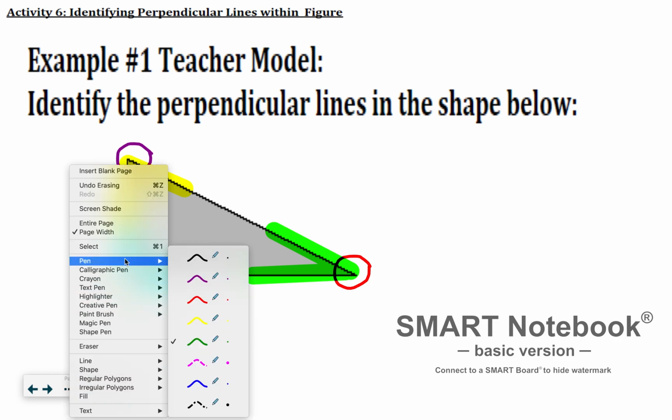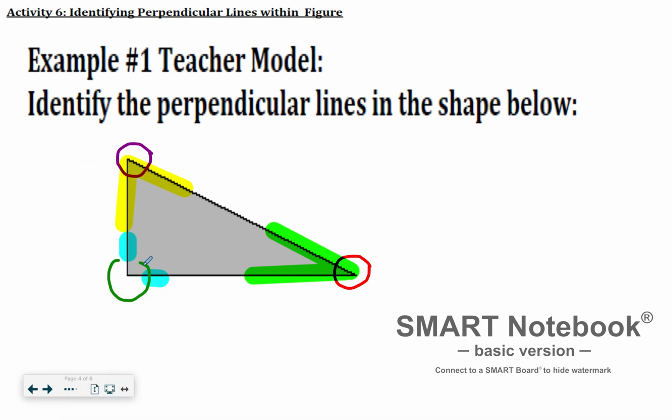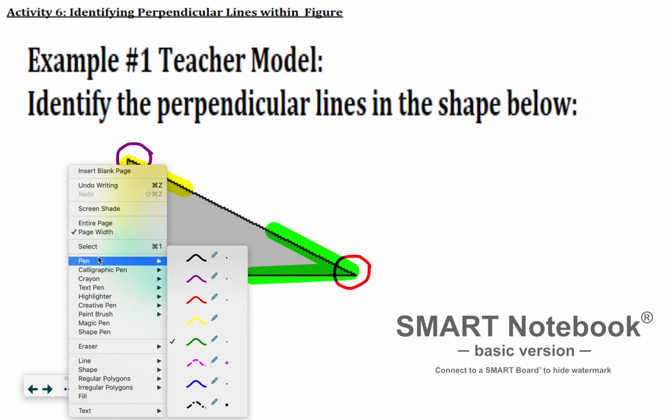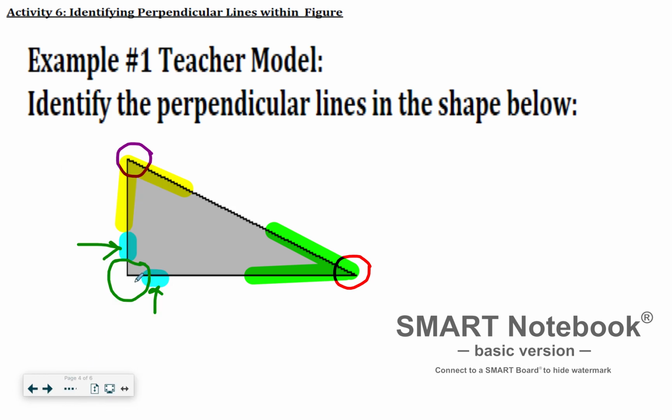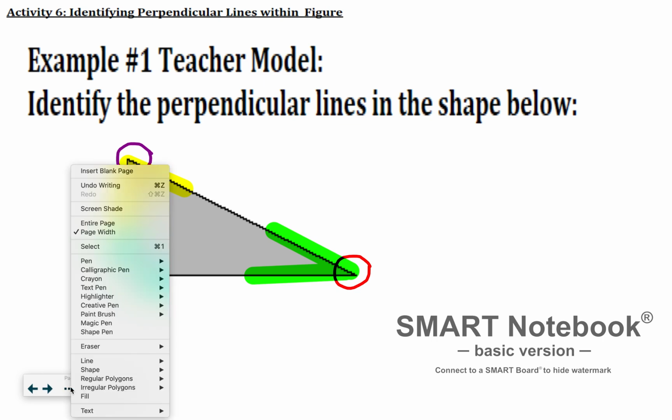So if you're looking at that corner, you see that these two blue lines that I had highlighted, they intersect and they make a perfect right angle. Therefore, these two sides are perpendicular to each other. Okay? You're just choosing two lines that when they meet, form a perfect L.